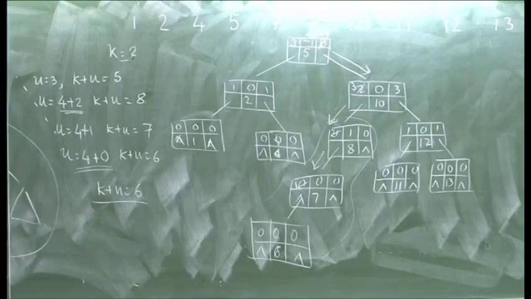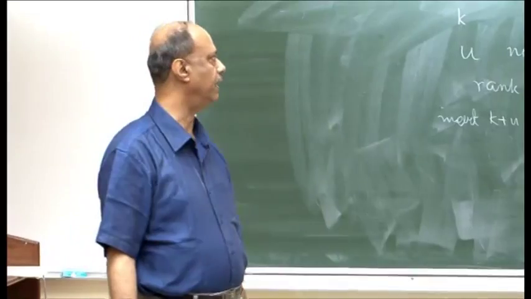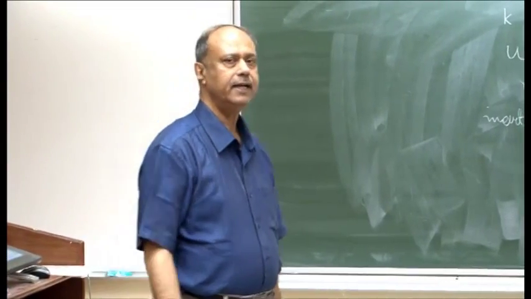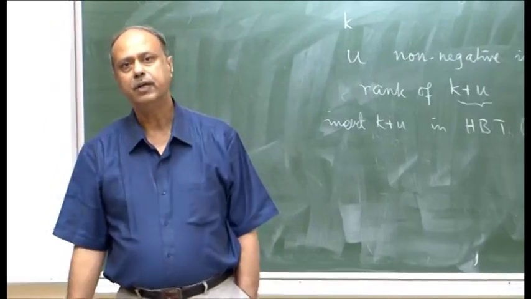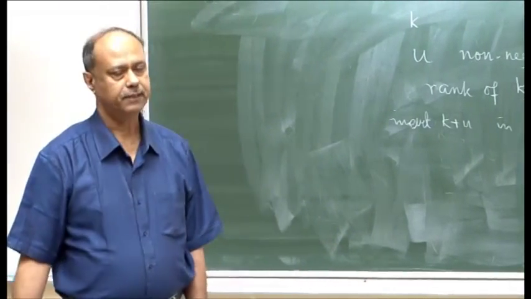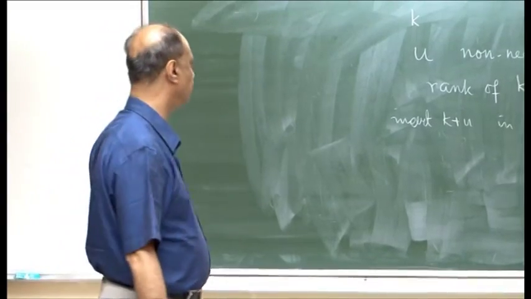Given n distinct records which form the height balanced binary tree and an argument k, you can always find a non-negative integer u such that the rank of k plus u is u plus 1.